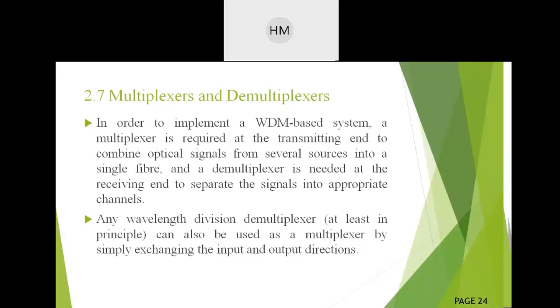And a demultiplexer is needed at the receiving end to separate the signals into appropriate channels. Any wavelength division multiplexer can also be used as a multiplexer by simply exchanging the input and output directions.